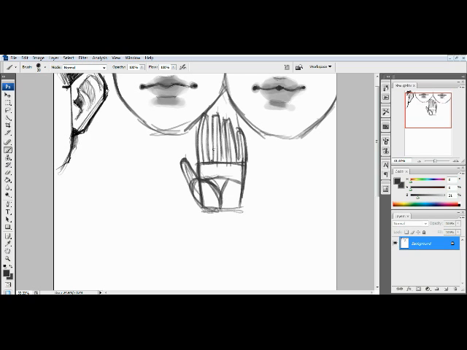There you go. Hands. Woo! What else is there?